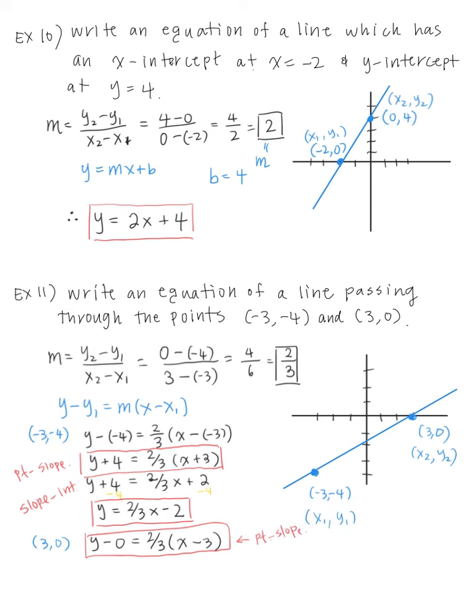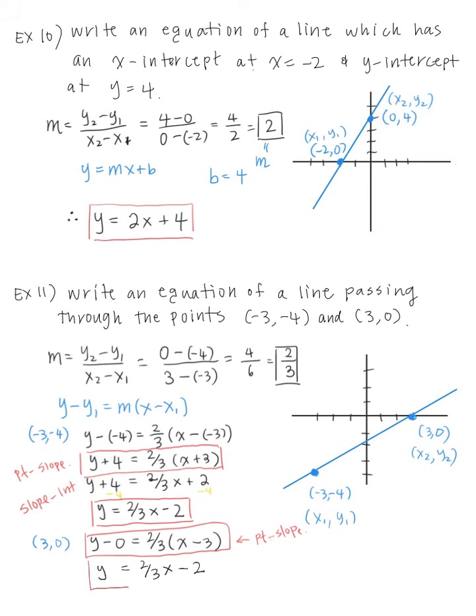Notice the difference between the two point-slope forms. They look completely different, right? But they're going to end up being the same. So let me make this into slope-intercept form now by solving for y. What do we get? We have y minus 0, which is just y, equals, distributing the 2/3, 2/3 x, and then minus 2 again.